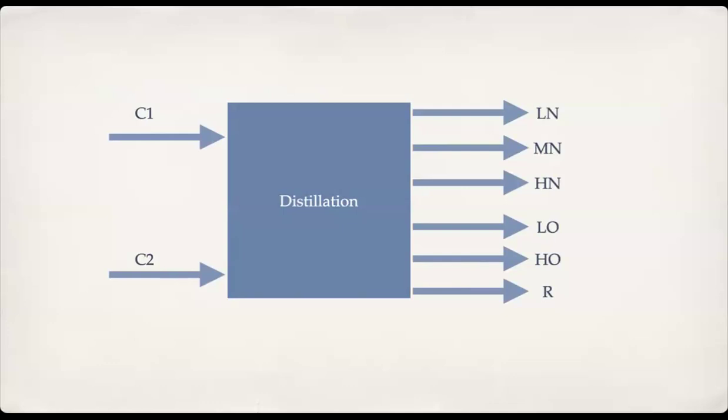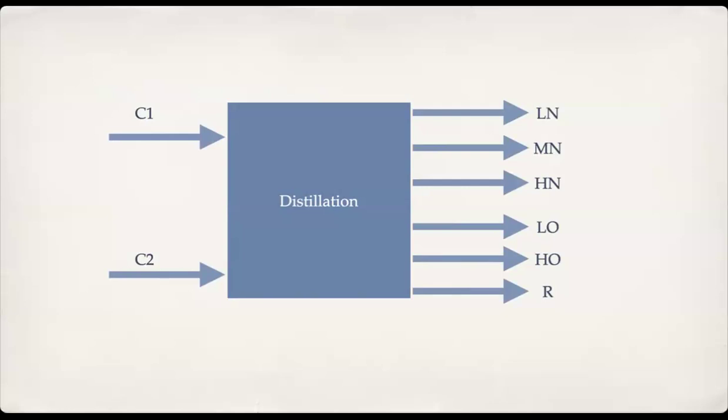Let's say we have two available crude oils, C1 and C2, and the distillation column splits crude oil into light naphtha, medium naphtha, heavy naphtha, light oil, heavy oil, and residue.